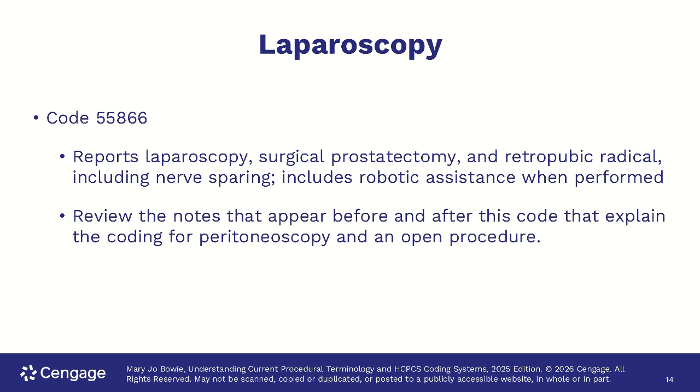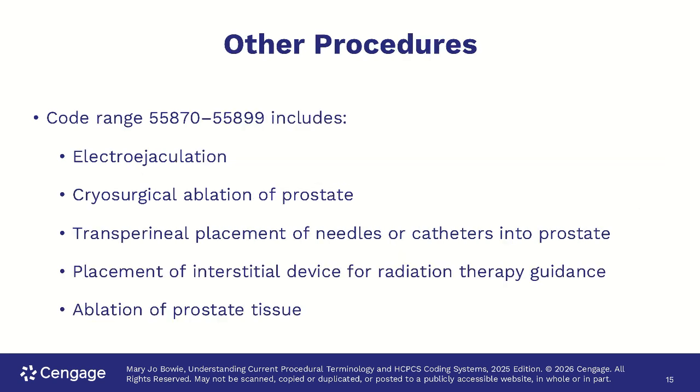But then also there is a note right by this particular code that explains coding for peritoneoscopy and an open procedure. So the notes are there. The question is, are you going to read them?